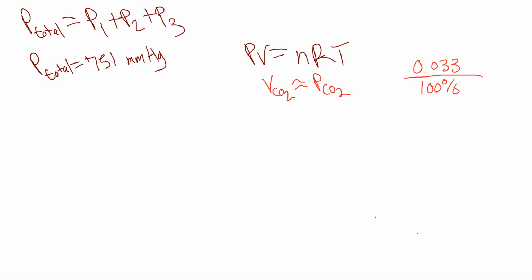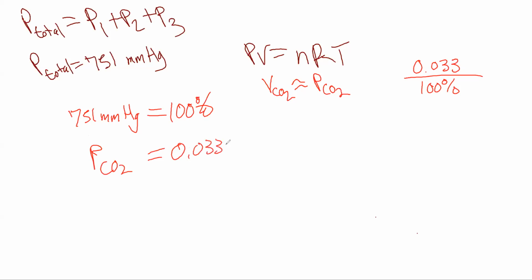And so we can kind of set that up as a comparison with our total pressure. So you can kind of imagine that 751 millimeters of mercury is equal to that 100%. And so we're trying to look at the pressure of that CO2 and how it's related to 0.033%. Right? So there's like a correlation there.